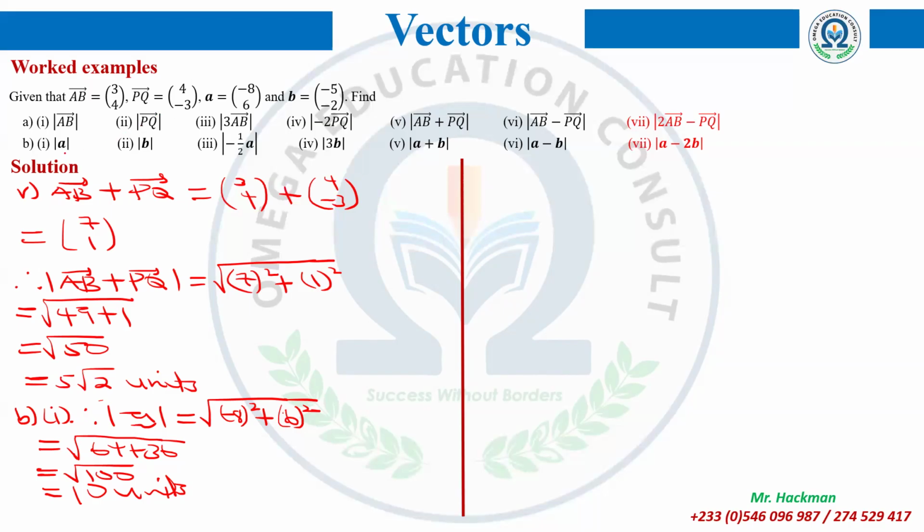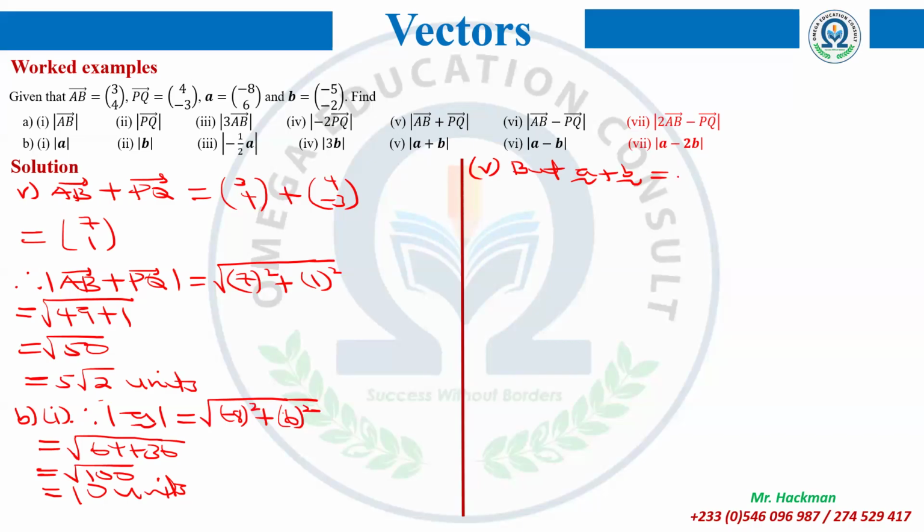So I'm going to equally skip this and maybe come to V. So V, what do we have? Let's see, do I have the A plus B vector? No, I don't have. So I will work on it. So I can come and write the vector A plus B, or you can choose not to write the vector, will be equal to, what do we have?